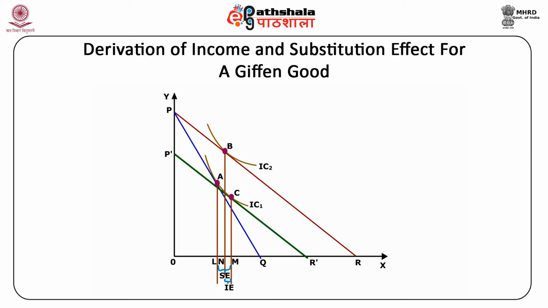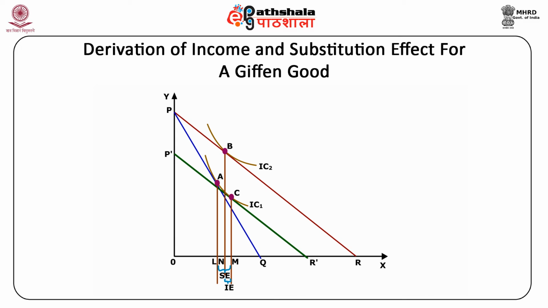It is assumed that X is a Giffen good, and as before, ceteris paribus, we consider the case of a fall in the price of good X. The movement from A to C along the indifference curve IC1 shows the substitution effect, and the movement from C to B on a higher indifference curve IC2 shows the income effect of a fall in price of the Giffen good X. In this case, the substitution effect is opposite in sign and smaller in magnitude as compared to the income effect.